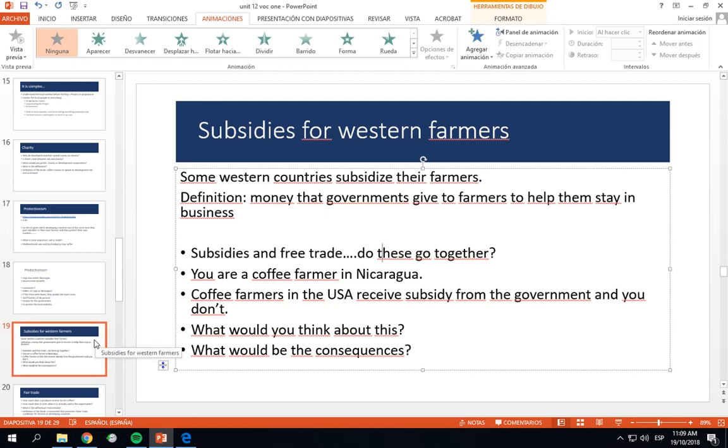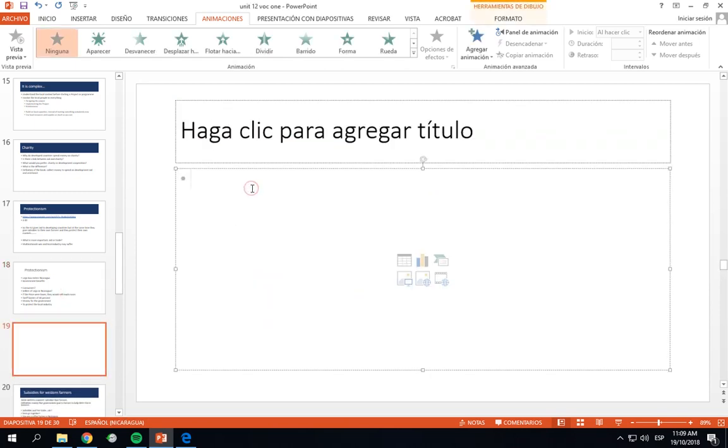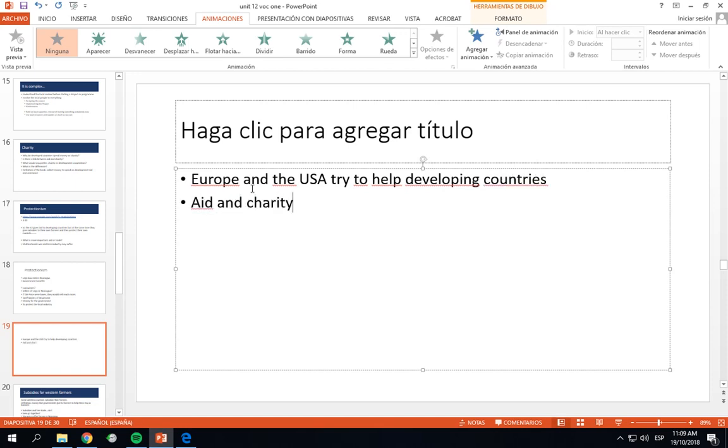Because of course, wait, let me put it this way. On one hand, Europe and the USA try to help developing countries. How? Through aid and charity.